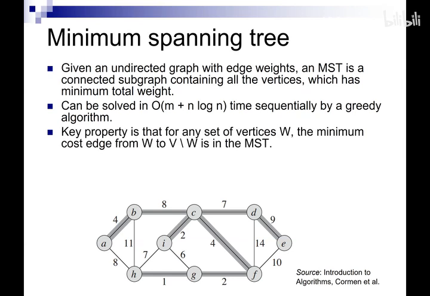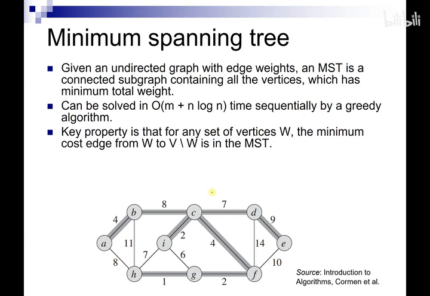Now we're going to try to do this in the PRAM setting. And we're going to rely on one key property of minimum spanning trees, which is that if you take any set of nodes W, and you look at all of the edges which come out of W and which go to nodes which are not in W, then the minimum cost edge among that set has to be in the MST.